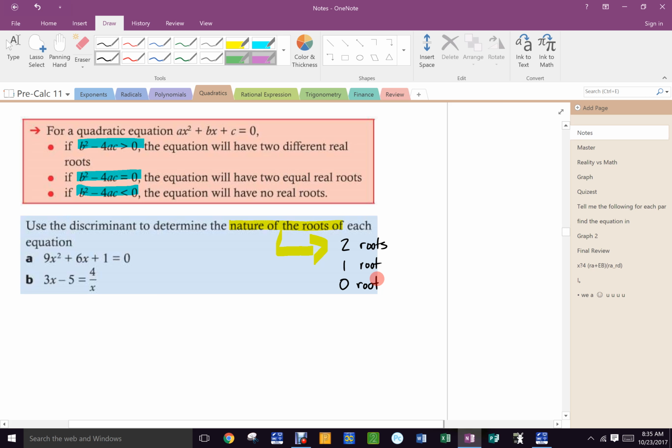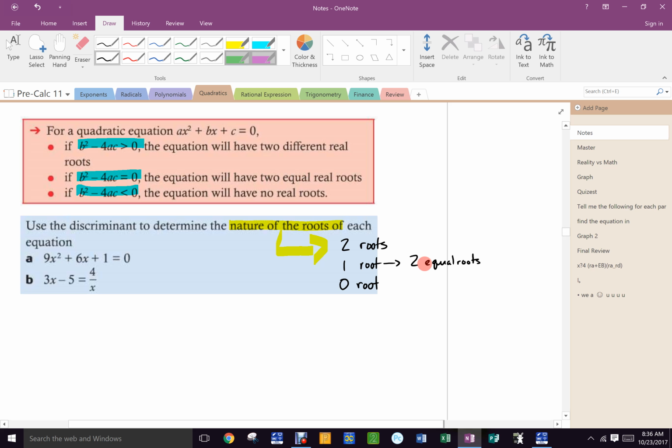Now, I want to take a second to explain something. Some textbooks, and this is technically true, argue that 1 root is actually 2 equal roots. Because the line hits the x-axis, they will tell you it is 2 equal roots.